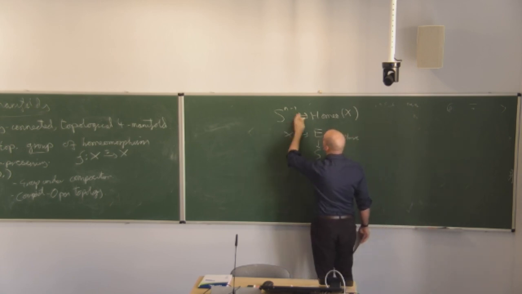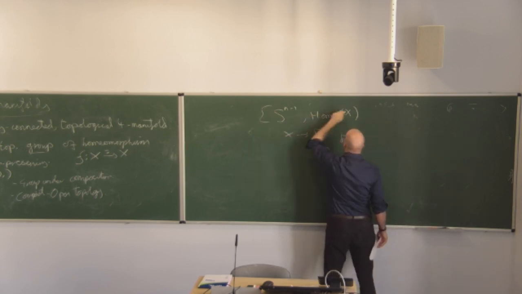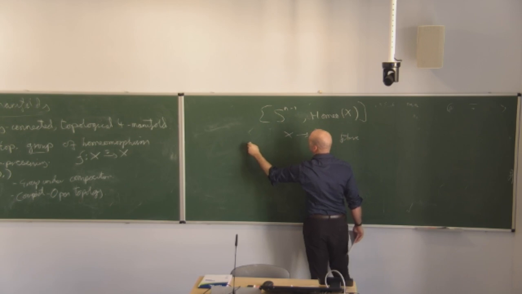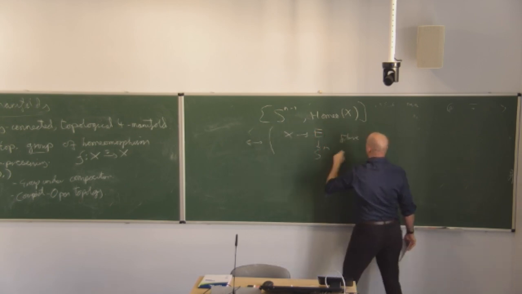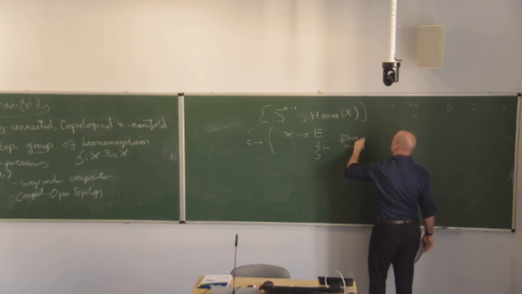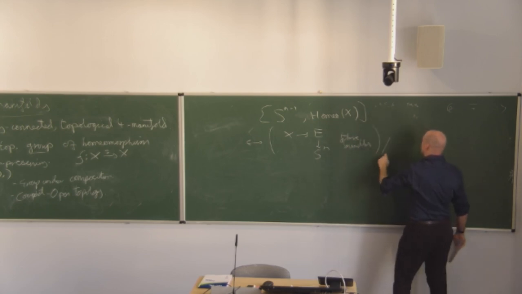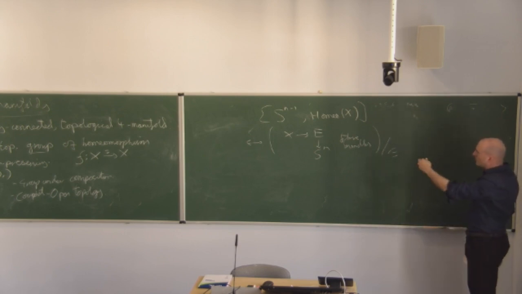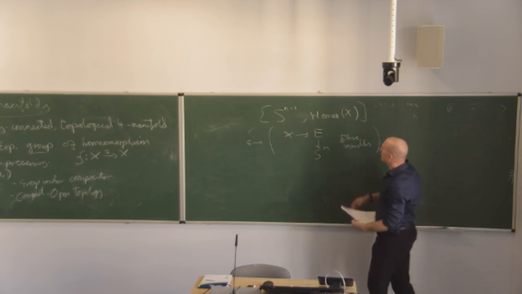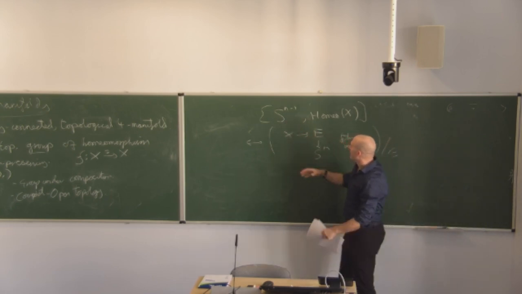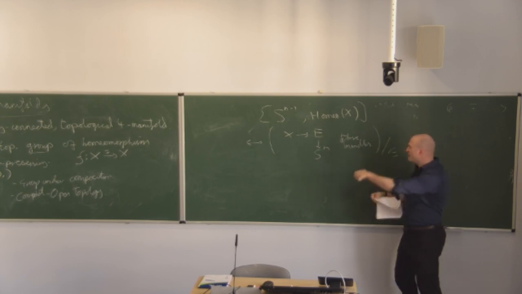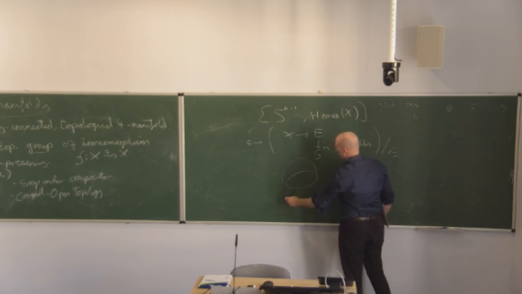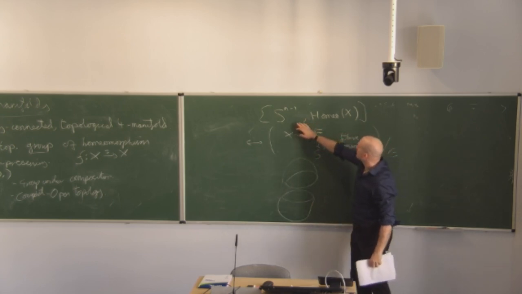Homotopy classes of maps like this correspond to fiber bundles up to isomorphism of fiber bundles. Because I always have a trivial fiber bundle on the n-disk, and another trivial one on the n-disk, and then such a map from S^{n-1}.